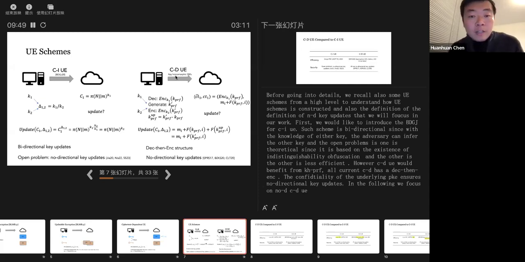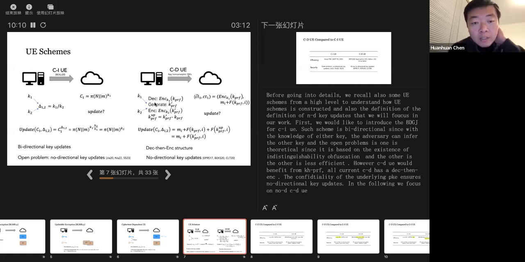This key homomorphic pseudo-random function has already been used in almost all ciphertext-dependent UE, and we can see that it uses a decryption-then-encryption structure, and it achieves no directional key updates.